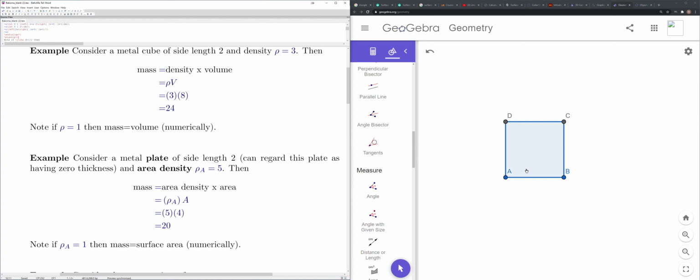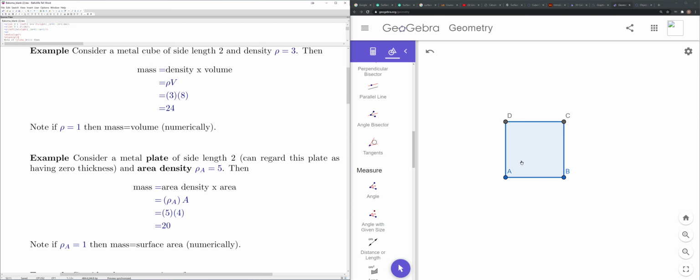Well, the metal plate is going to have weight. So the mass of the metal plate is going to depend on the density of the metal. In this particular example, the density over here is 5. But you want to notice that this is a different concept of density from what I had for the cube, because now what I'm looking at is areas.